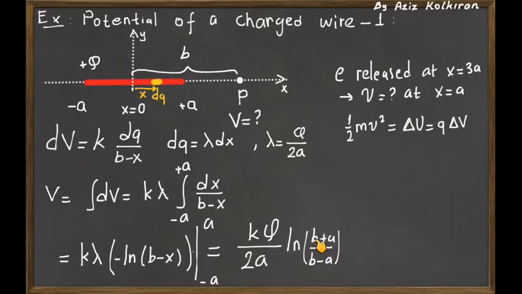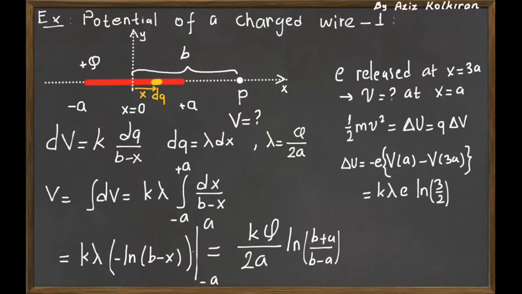We will put b equal to 3a as the initial point potential, and b equal to a as the final potential of the electron, and let's express the potential energy difference as, since the charge of the electron is minus e and the endpoints are Va minus V3a, because x equal to a is the final point of the electron, and it will be attracted by the rod.